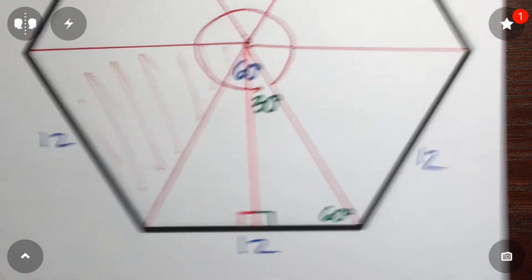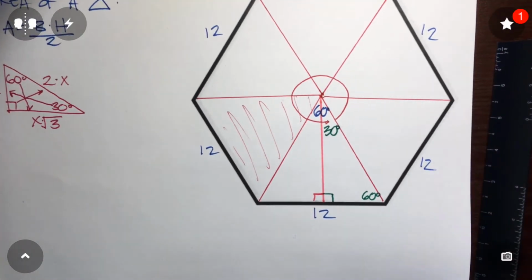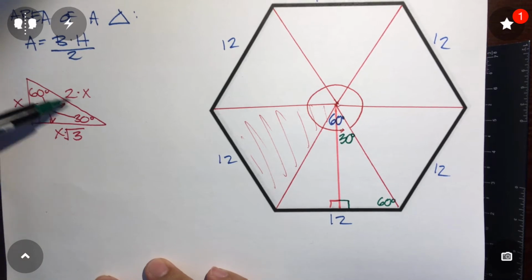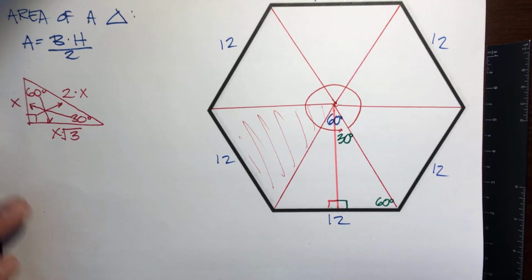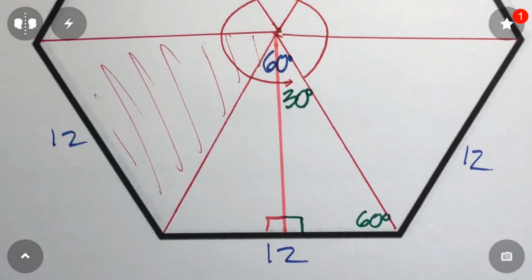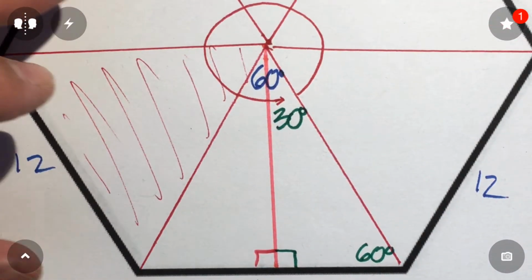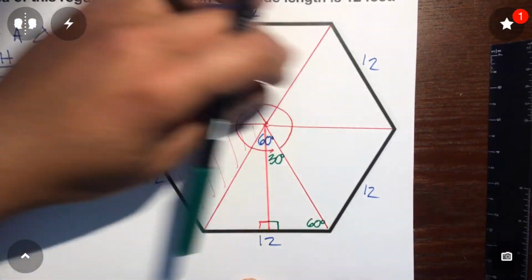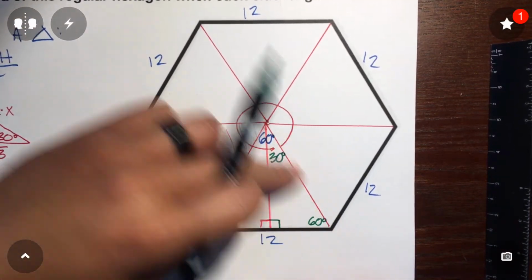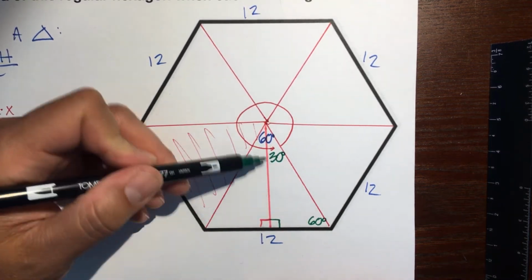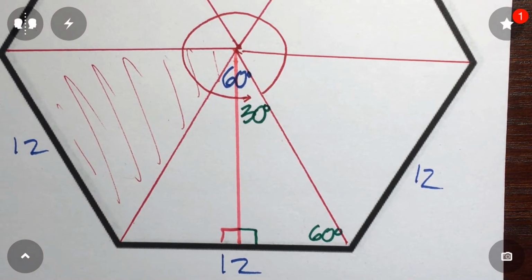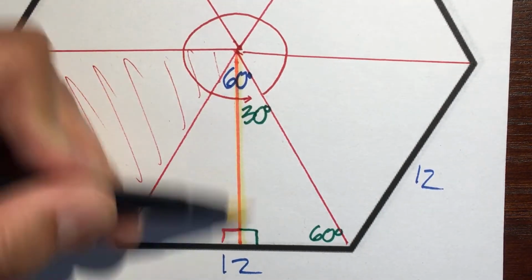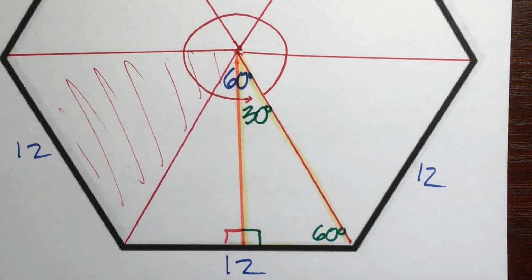Okay, so now you see why we had to remember our facts about 30, 60, 90 triangles. Since we split this entire hexagon into 6 congruent triangles, and we split this one triangle in half because we want to figure out what this height is, I'm going to highlight it, and we're going to focus on this half of a triangle.